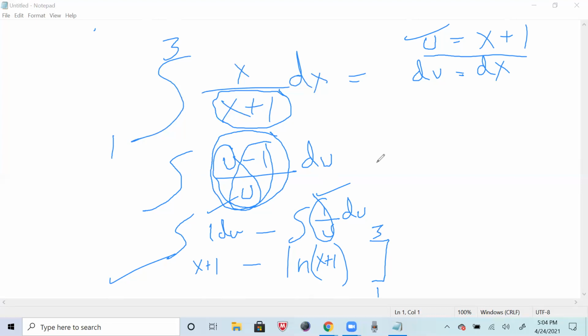Okay, so basically, if you change the variable, you have to change the bounds. But if you leave it as the old variable, you don't have to. If you leave it as the u variable, you have to change the limits of integration.